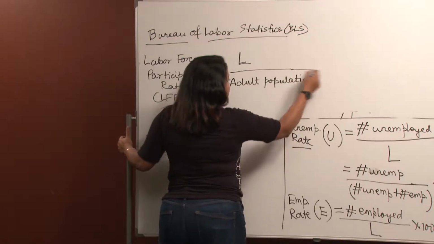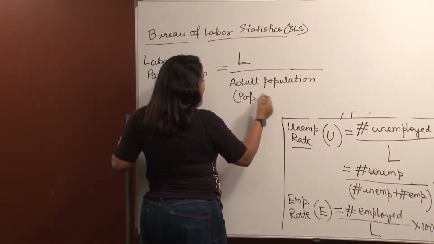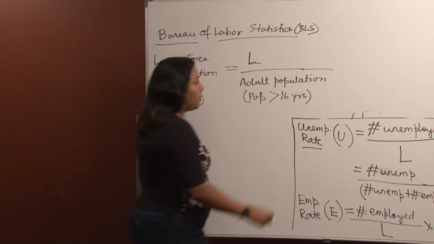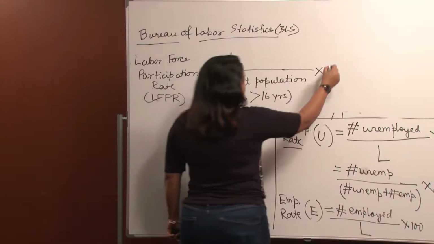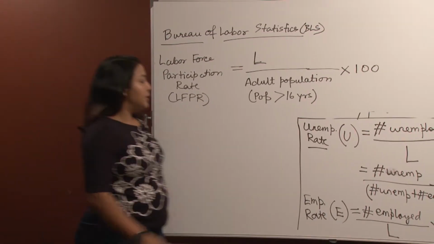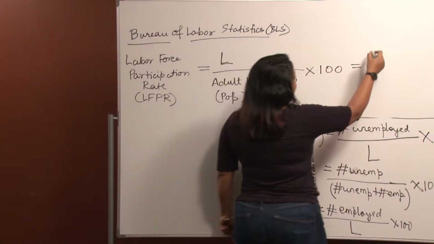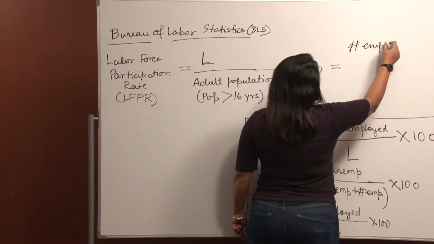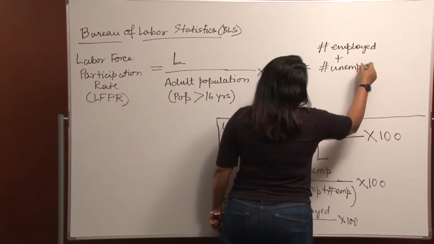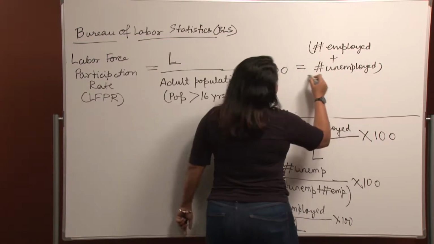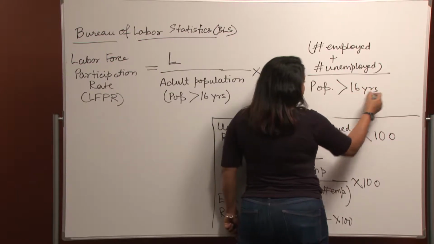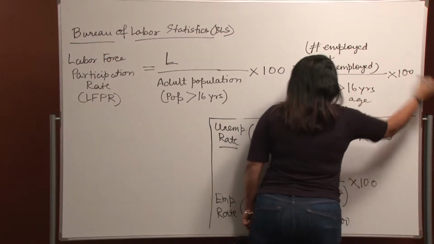In the United States, this is basically the population above 16 years of age, that is considered as the adult population by the definition of BLS, times 100, because once again it is a rate, so it is a percentage number. So, if you expand that formula, your numerator is number employed plus number unemployed, because that is your labor force, divided by population above 16 years of age, times 100.